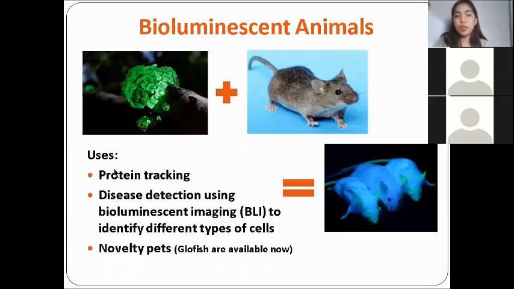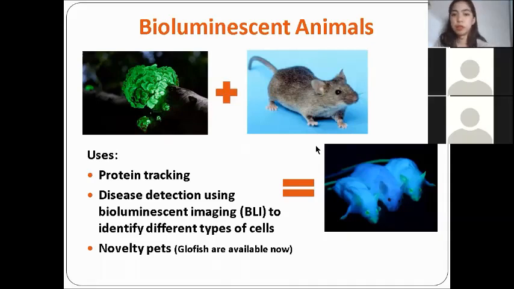The uses are protein tracking and disease detection using bioluminescent imaging, or BLI, to identify different types of cells. A normal mouse can't do that. But through genetic engineering, the genetically modified organism from this fungus displaying bioluminescence plus the mouse is the result. So, it may be helpful.